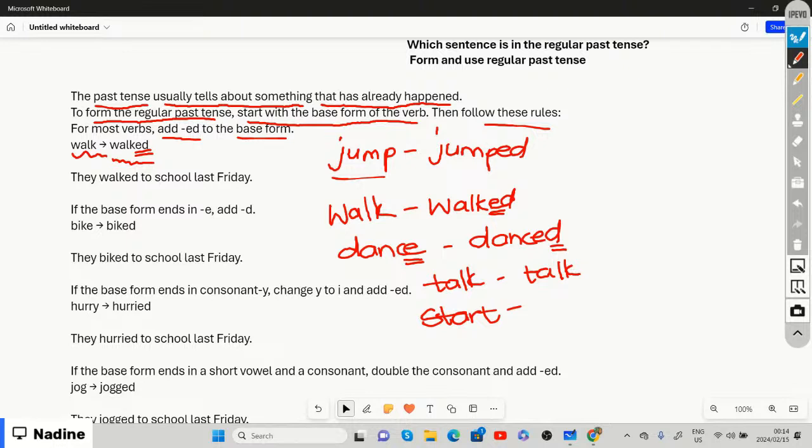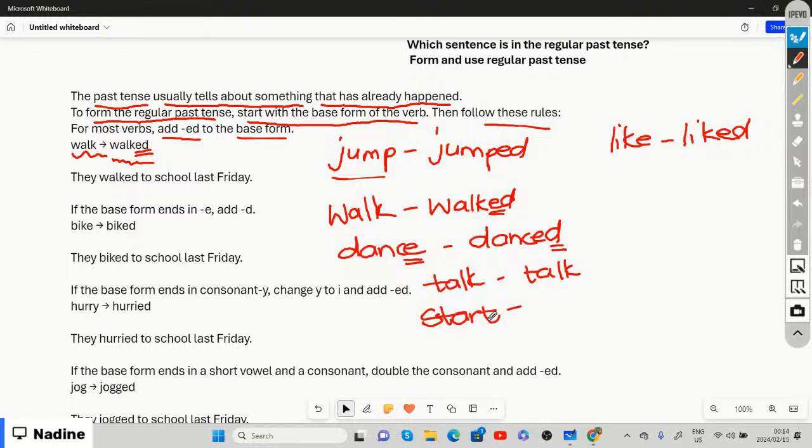Think of the word start. If we write the regular past tense of start, and yes, we have like, and in the past we said, I liked you, but you started showing attitude.